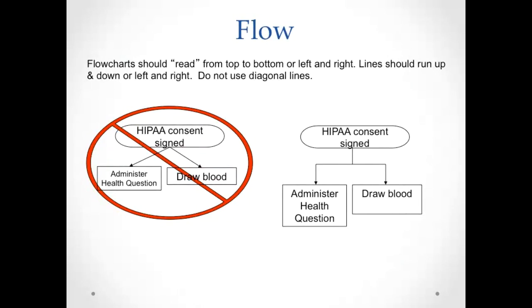People tend to have some curved lines, some diagonal lines, and it's not as clean and crisp, and it often doesn't clearly communicate what's intended. What it communicates is kind of fuzziness of thinking, and that's never what you really want to communicate. So instead of doing the one on the left, you would rather draw it like the one on the right.